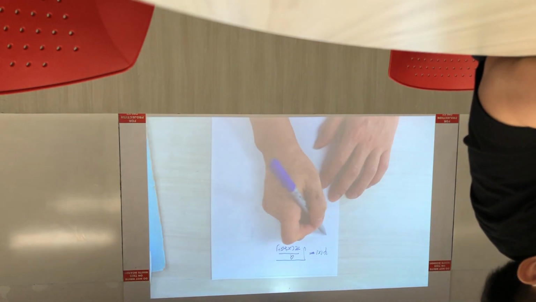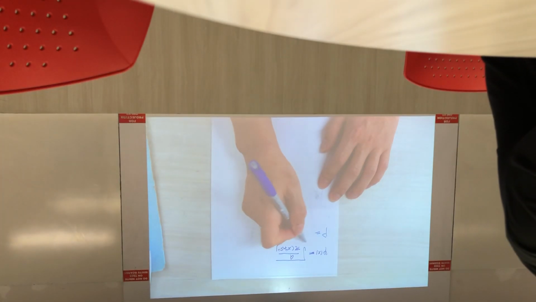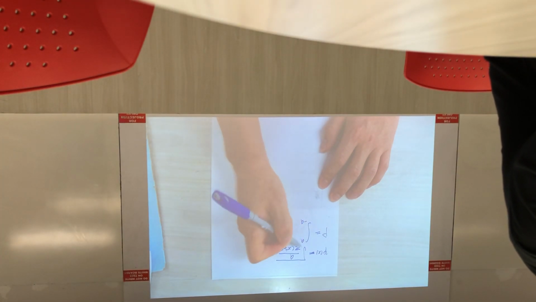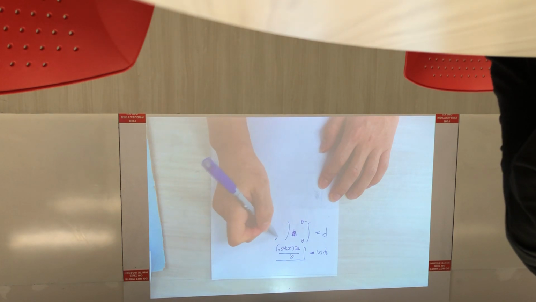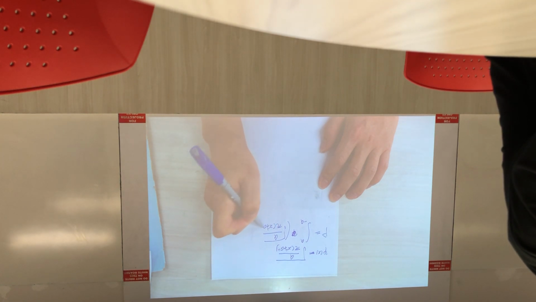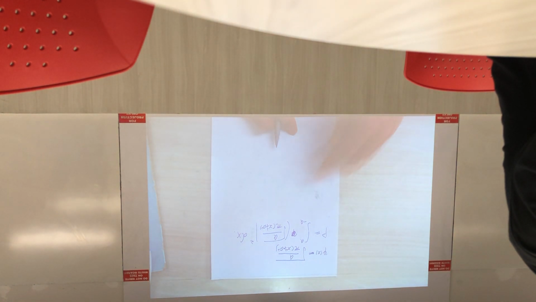And then our probability from -a to a is calculated as this.